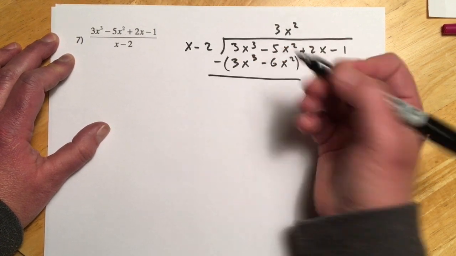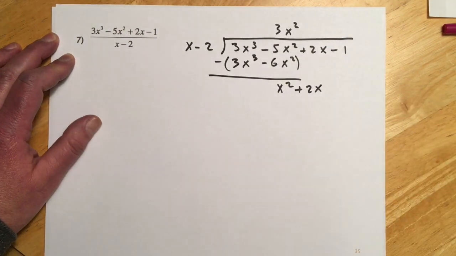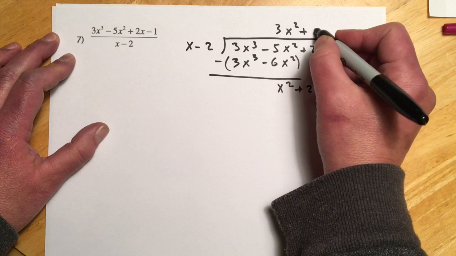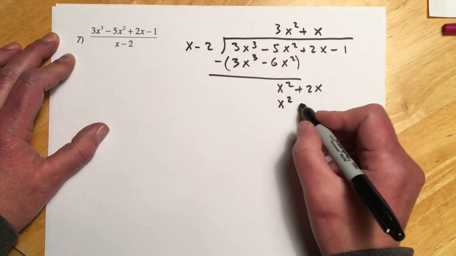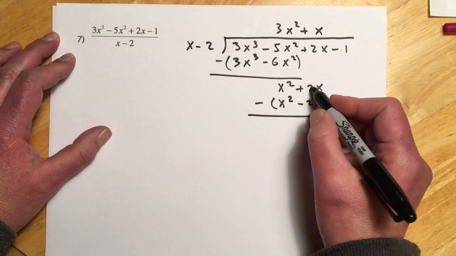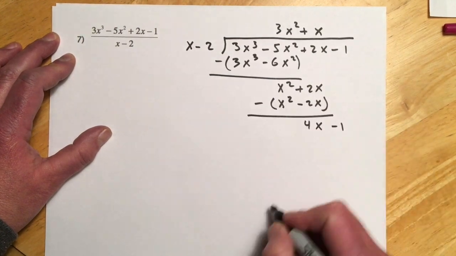Minus 5 minus negative 6 makes a plus 1, that'll be an x squared, and plus 2x. So what do I multiply x by to make x squared? That would be x. X times x, x squared. X times negative 2, negative 2x. And then 2 minus negative 2 would make a 4x, and bring down the 1.